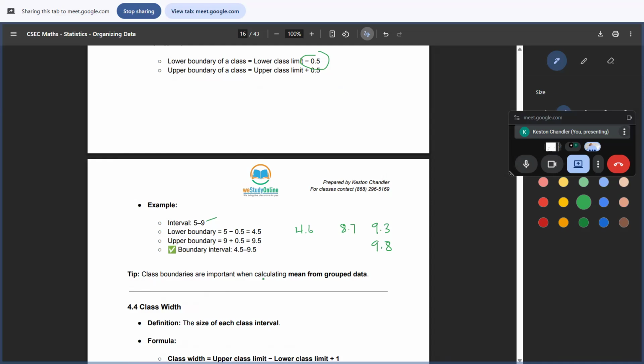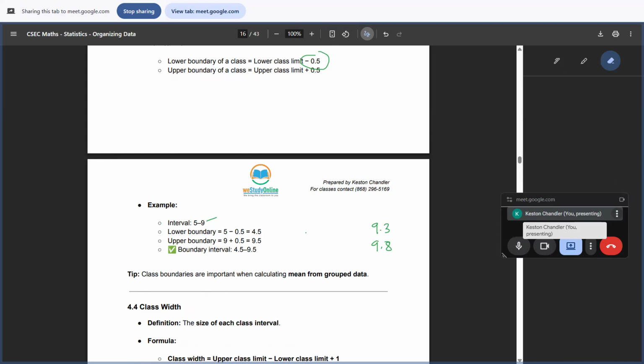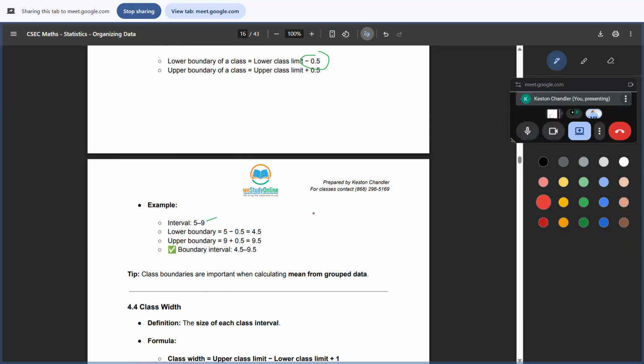Now, the way in which we will use this requires the use of some inequalities. So for this particular class interval, we have the upper limit being 9 and our lower limit being 5.